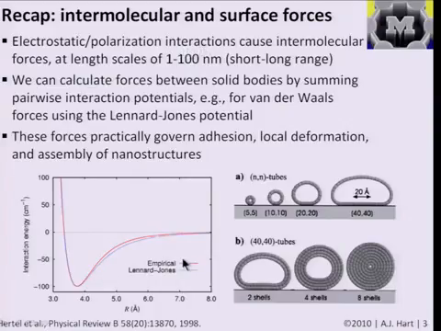And in practice, we saw some examples, and we'll see many more throughout the semester, of how van der Waals forces practically govern adhesion, local deformation, and assembly. A lot of things govern assembly of nanostructures, but one thing that gives attraction, and can be screened or enhanced, is the van der Waals forces that can lead to assembly of things into bundles and lattices and so on. We also saw from simulation and some practical examples how these forces can be strong enough to deform structures.